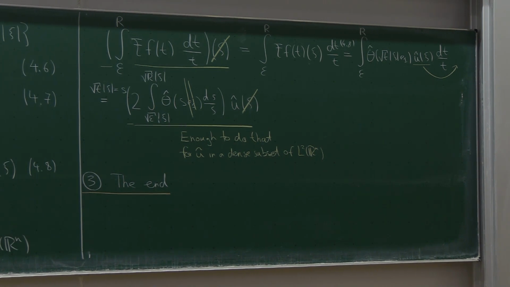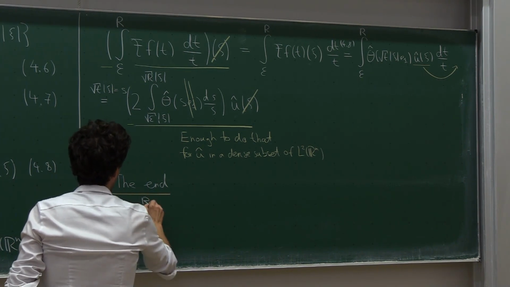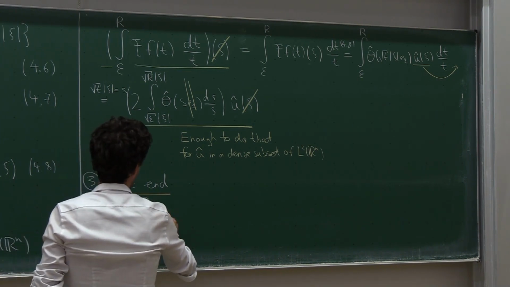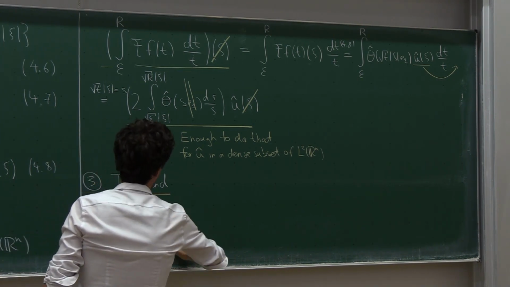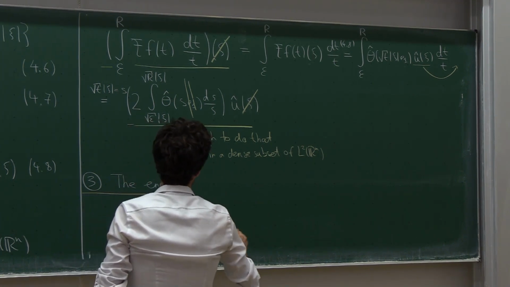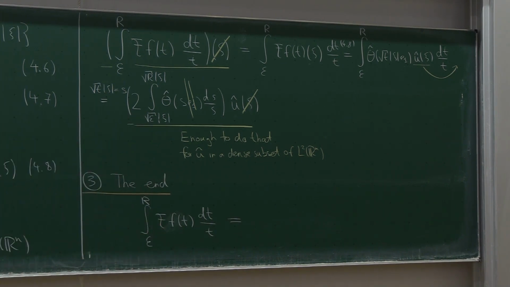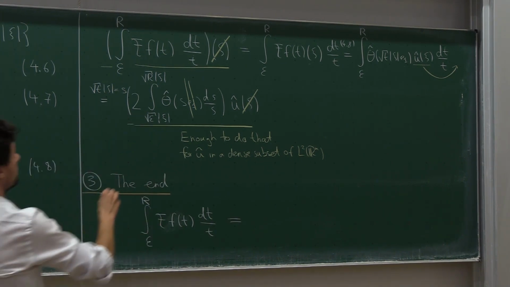Okay, now let's take this formula. It's now valid for every u in L2, even though the way of getting there was not valid for every u in L2. So I have this beautiful integral, and I'm going to give a name to these integrals showing up here.